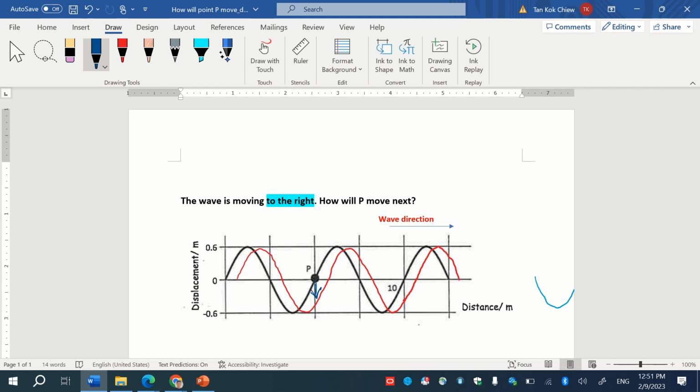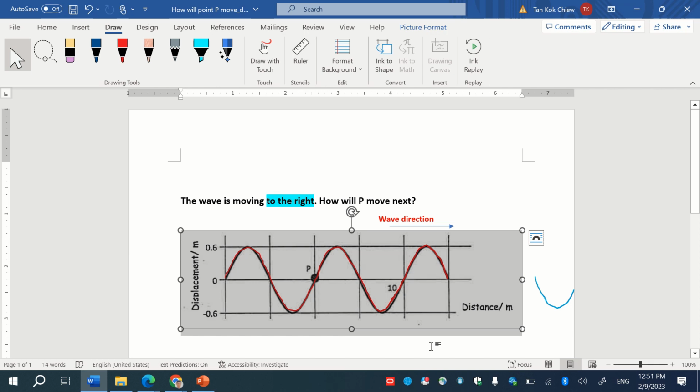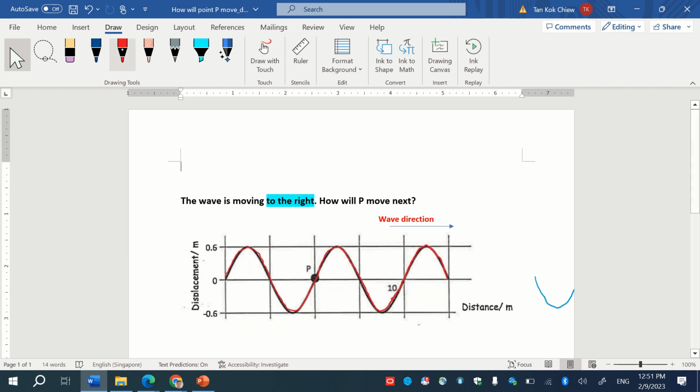You will notice this answer will be different if the wave were to move towards the left. Let me repeat. I erased my answer. Let's shift this one back to the original position. Let's say the question says the wave moves towards the left.